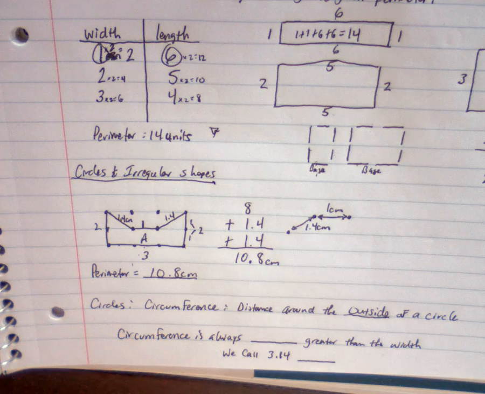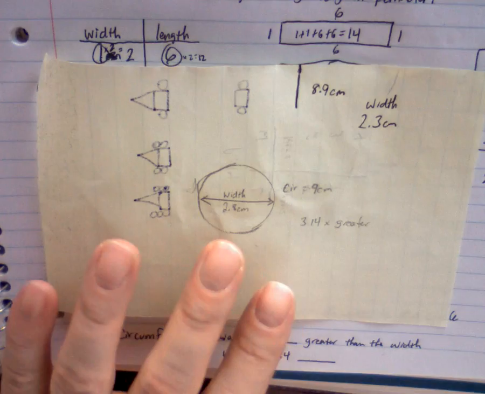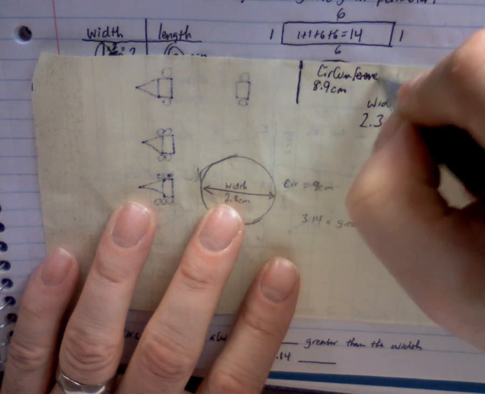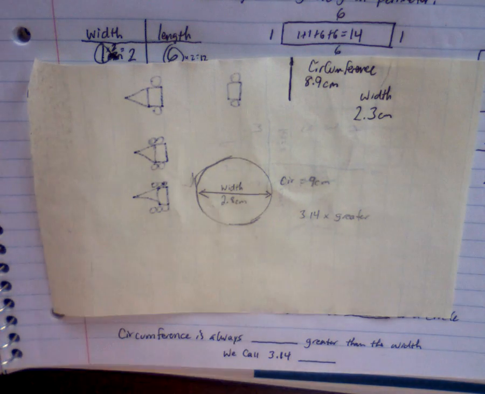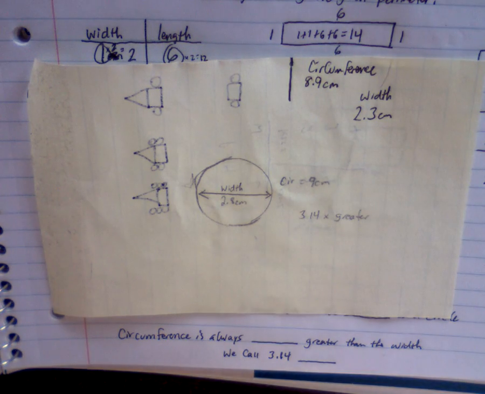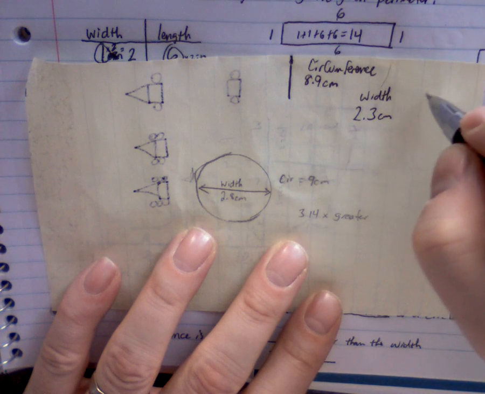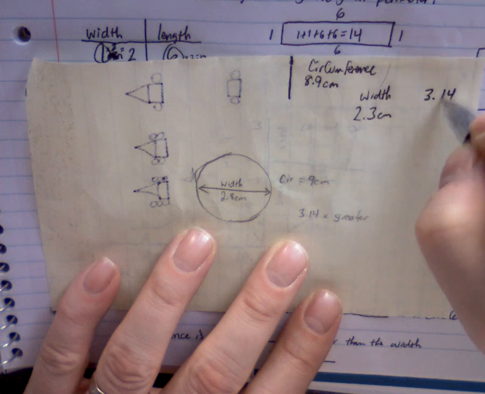Now, there is always a relationship between the circumference and the width. Okay, there's always a relationship between the two. So what I want to do is divide 8.9 by 2.3, and what I will get is a number that equals 3.14, or close to it.